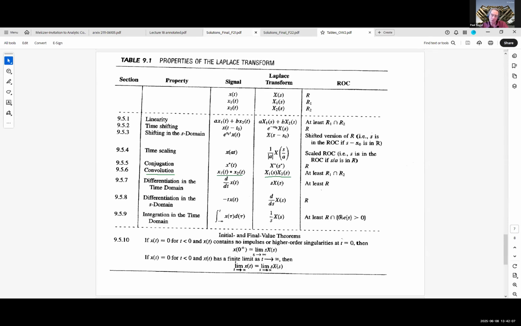You have to be a little careful about the region of convergence, but it's going to contain the intersection, the points where the Laplace transform integrals of x1 of t and x2 of t both converge. It could be more, as we saw in some cases, where cancellation of poles allows a larger region of convergence. So that's what this is saying.